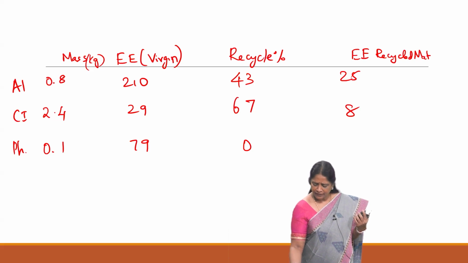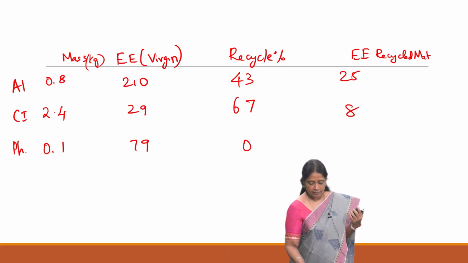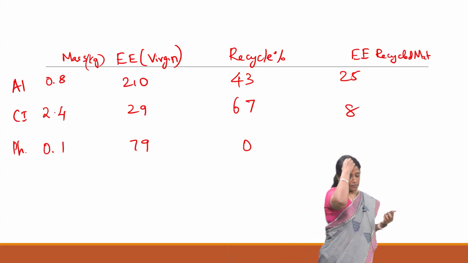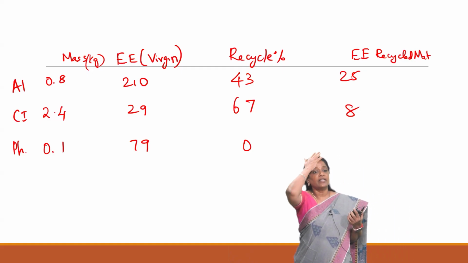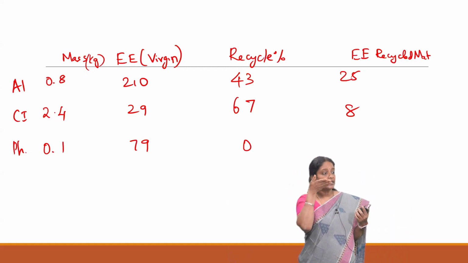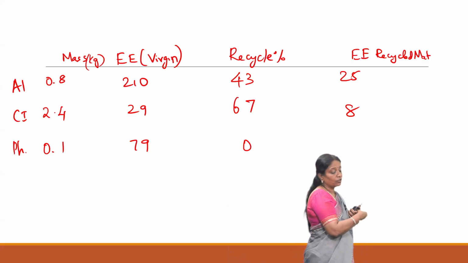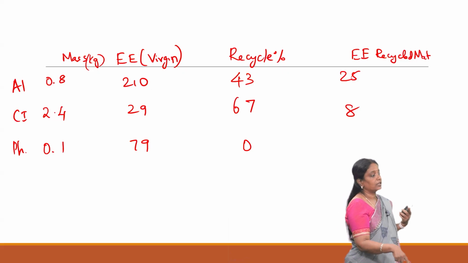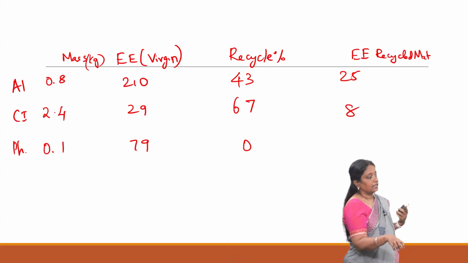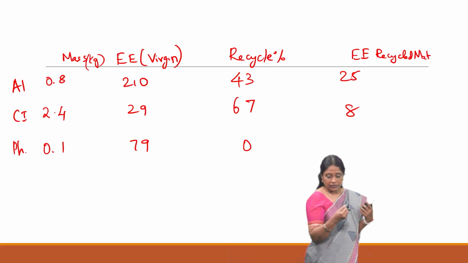Everybody is getting 55, it's close to 44. So you can see the difference when you are using recycled material. Make sure that you include the embodied energy in your calculations for the recycled material and the percentage of recycled material. How many of you have trouble?